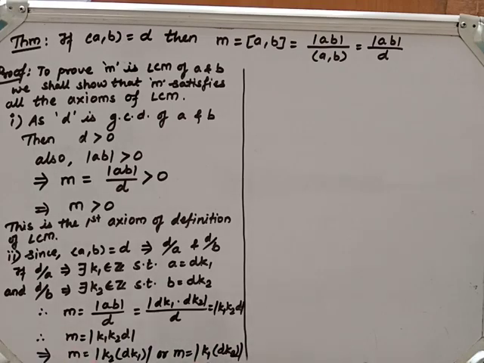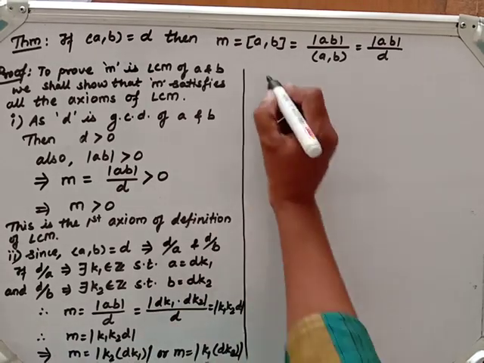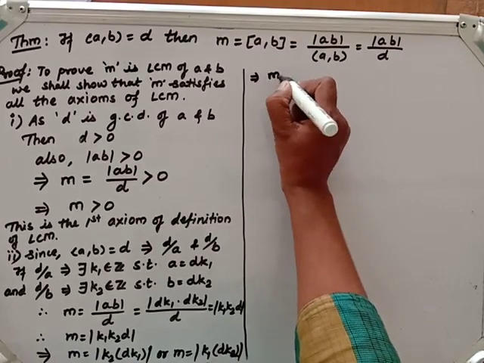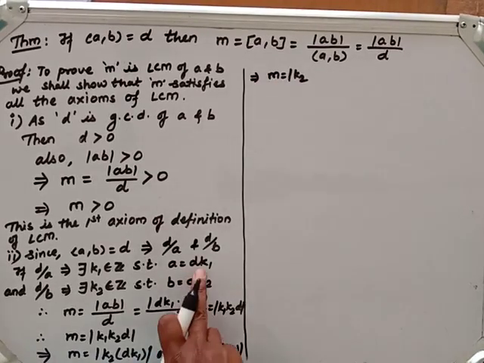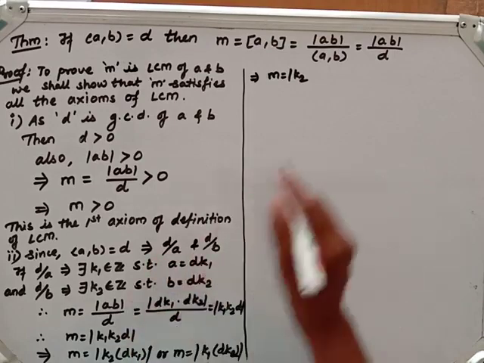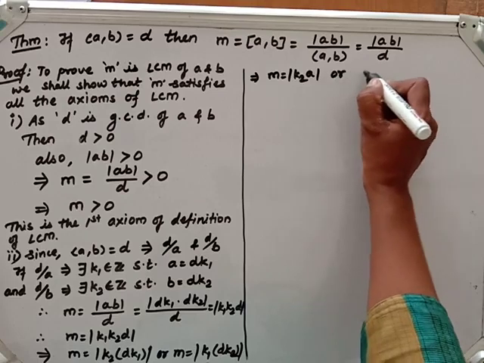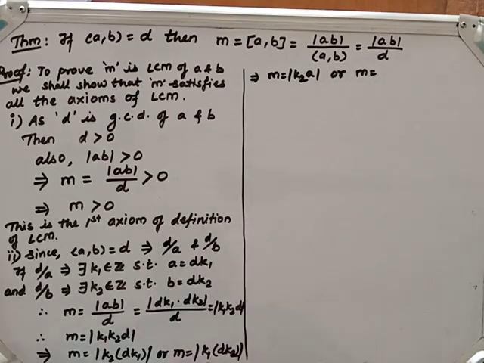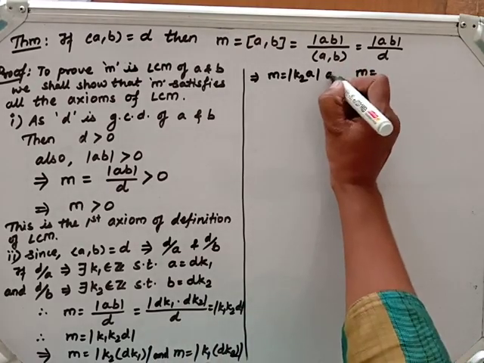Simply I am using the associative property. Now this is same as to say M is equal to mod of K2 into, what is DK1? DK1 is A. So I can write here A. And I can also write that form for the other.